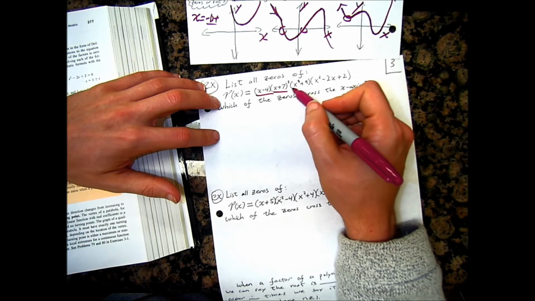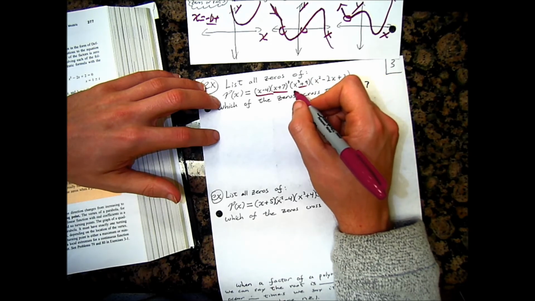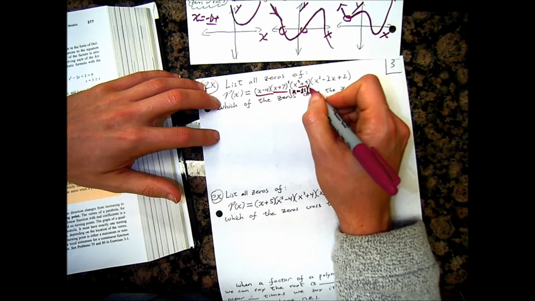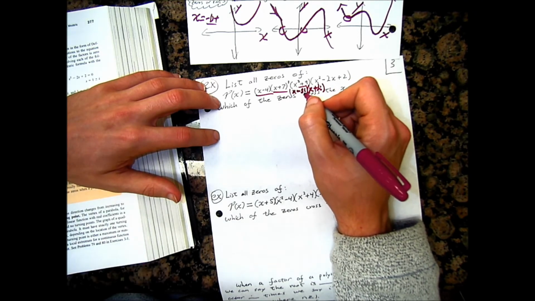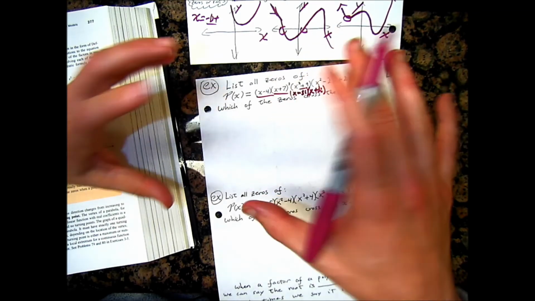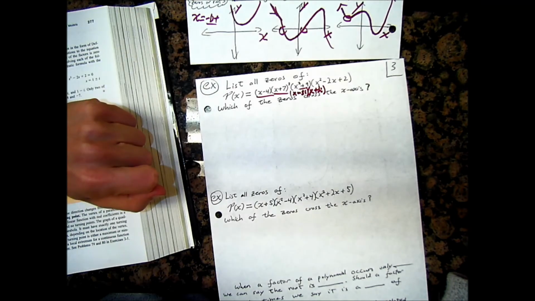This one, if I try to factor it, I would get x minus 3i times x plus 3i. So this piece of the polynomial has roots that are not real. So it might turn or do something there, but it's not going to cross the x-axis there.